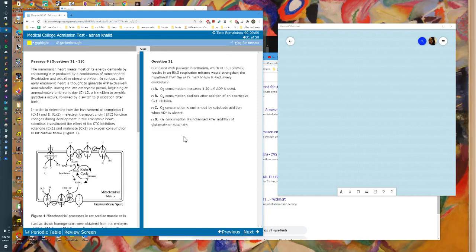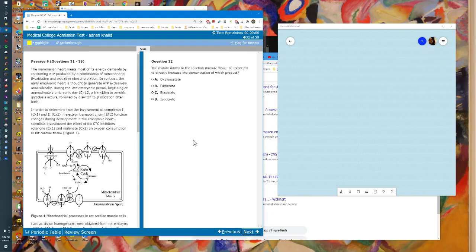And anaerobic. These things happen in the Krebs cycle. Malate turns into, is from succinate. Wouldn't it increase that?